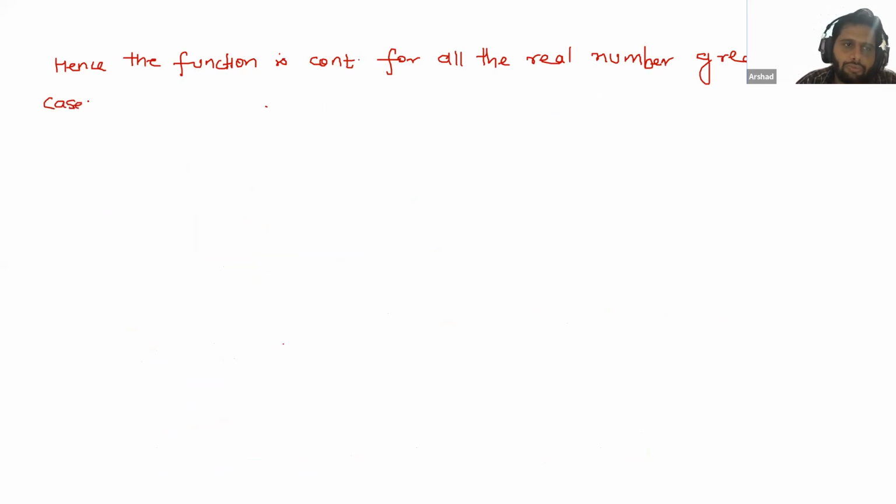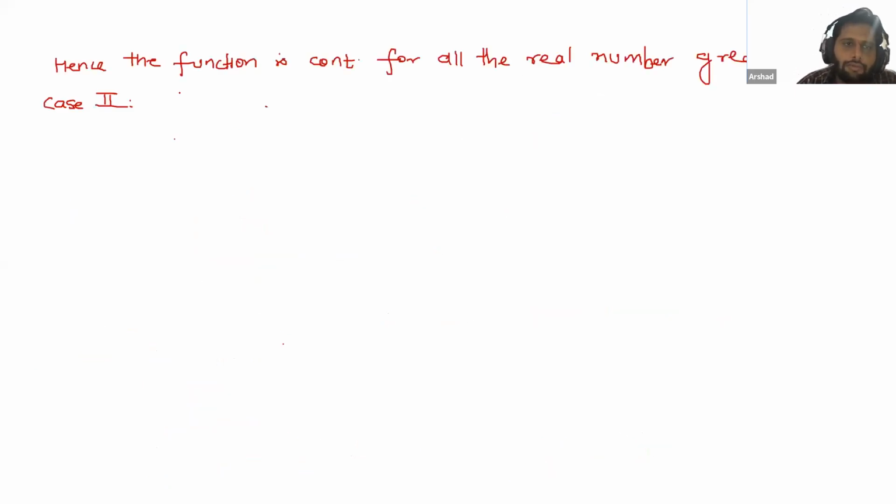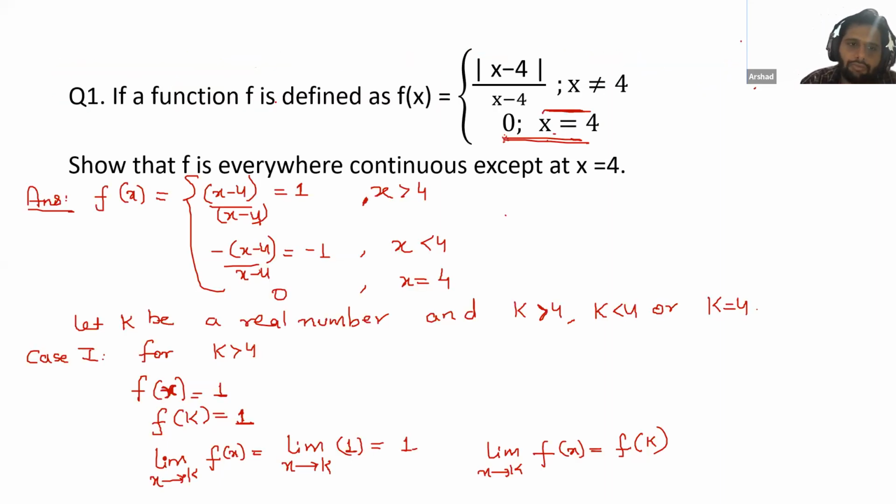Now case 2. Okay. Next value we will take. Here we have taken greater than 4. Next we will take less than 4. For k less than 4. So next question, who can tell me? Darshan, can you tell me for x less than 4, which function we will choose? We have 3 functions: 1, 2, and 3.